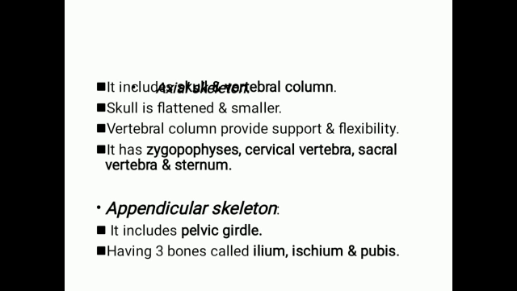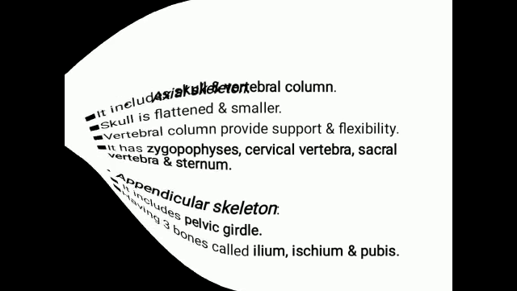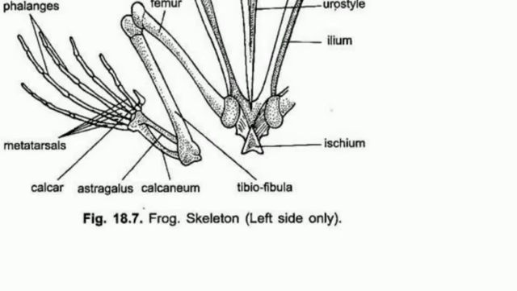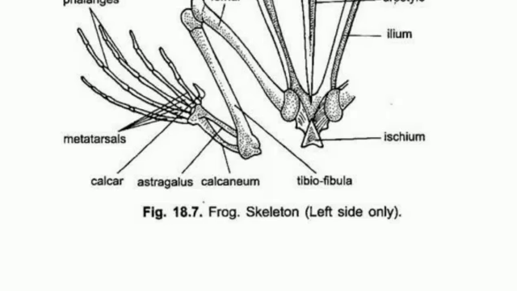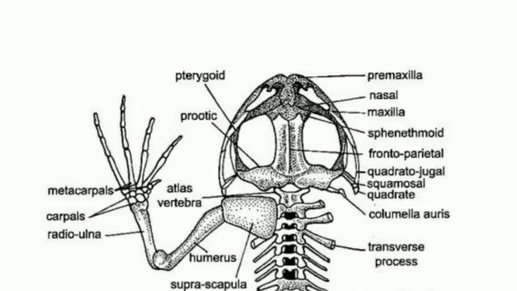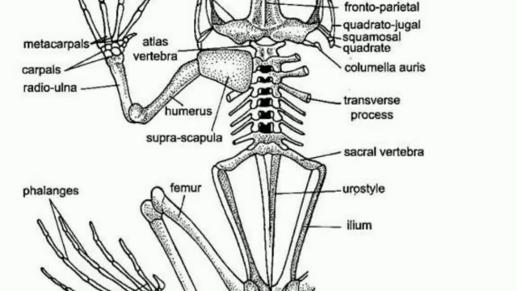The appendicular skeleton has a pelvic girdle having three bones called ilium, ischium and pubis. This is the ischium, ilium, urostyle. This is the left side of the frog structure.